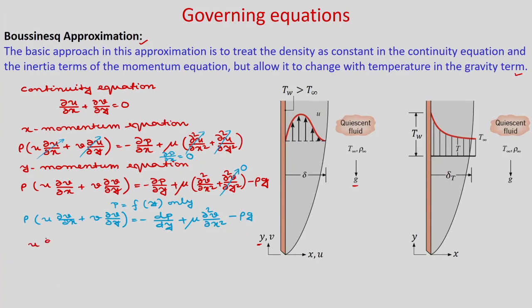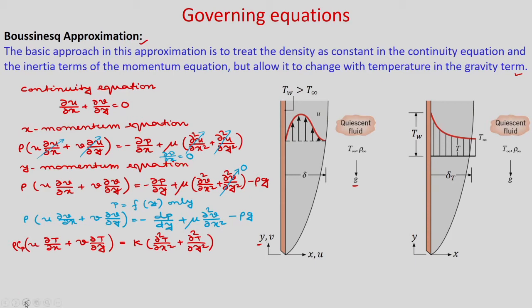Now, let us write the energy equation. In general your energy equation is u del T by del x plus v del T by del y, into rho Cp, is equal to k into del 2 T by del x square plus del 2 T by del y square.